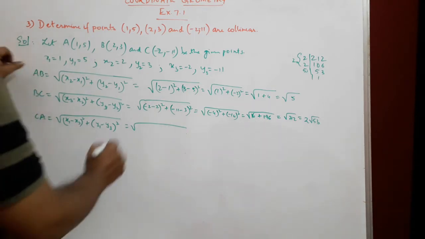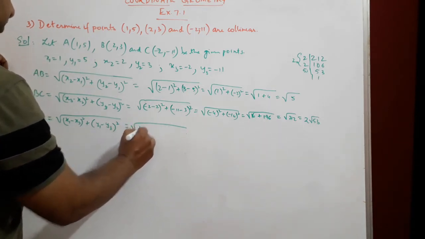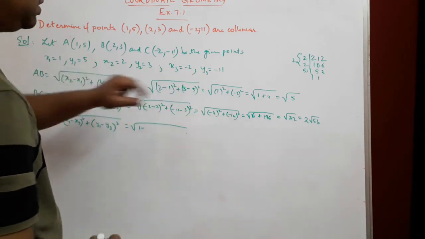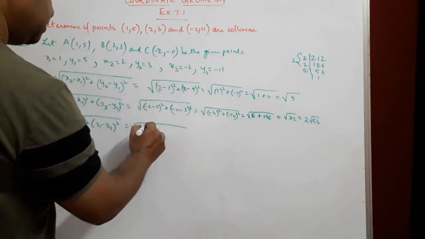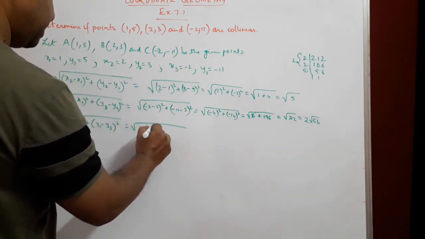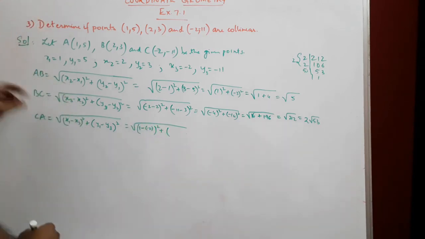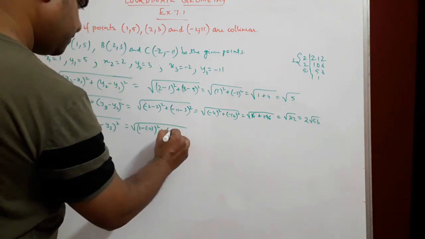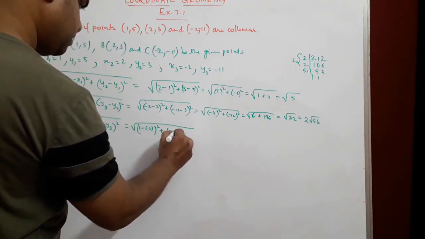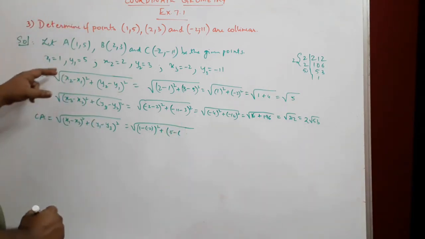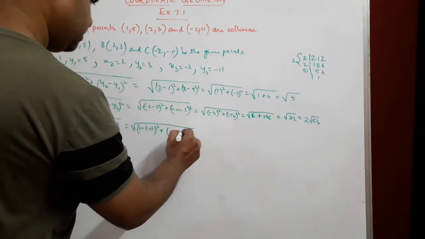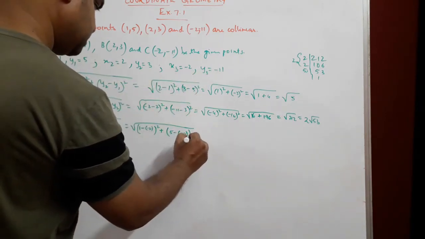What is x1? It's 1, minus x3. x3 is -2, so that would be minus (-2) in the brackets, whole square, plus y1 is 5, minus what is y3? Minus (-11) in the brackets, square.